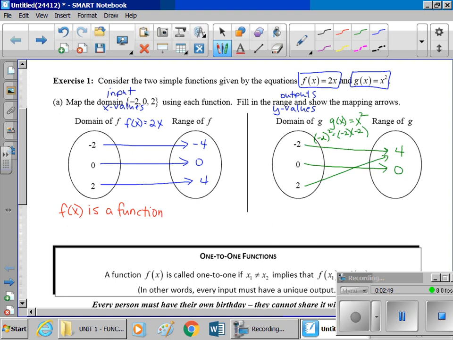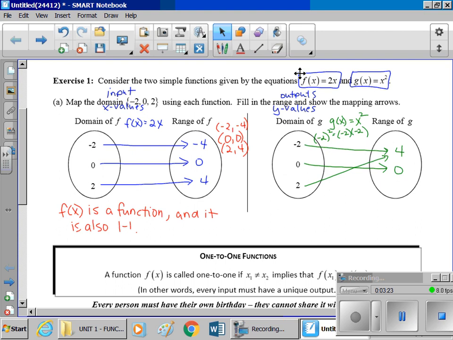So f of x is a function, that's the first criteria, and it is also one-to-one, because none of our x values repeat and none of our y values repeat. Again, if it's easier to do this, -2, -4, 0, 0, and +2, +4. So all of our x values are unique and all of our y values are unique.